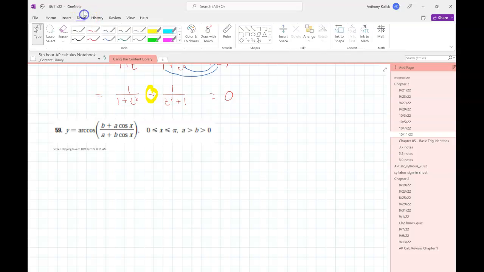All right. So remember here, first things first, arc cosine is really kind of the same thing as cosine inverse, right? So if I use this, you should recognize this as a chain rule, and kind of a pretty nasty chain rule, right?